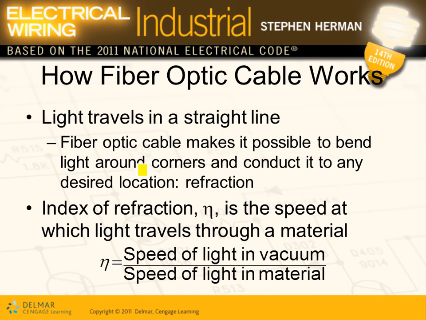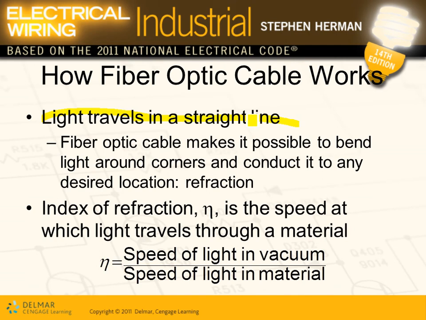How does fiber optics work? Light basically travels in straight lines. So it provides a channel, a conduit, for light to go around corners, right? It's like a pipe that lets the light reflect right through it and go from point A to point B at the speed of light.